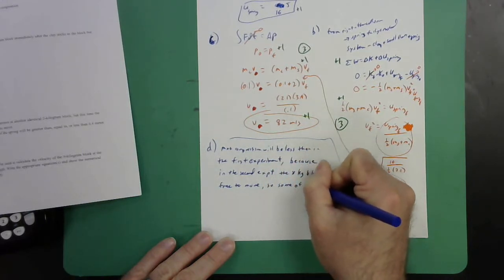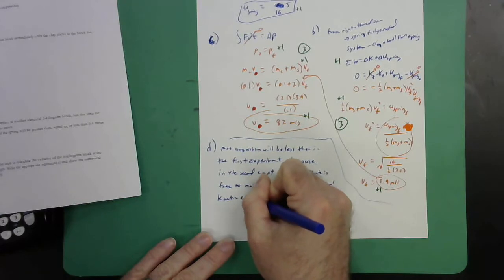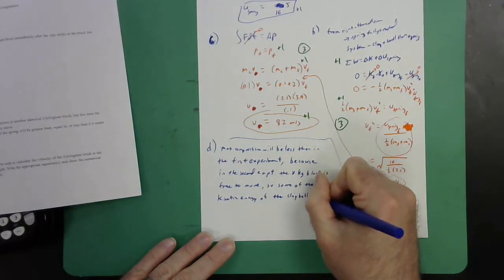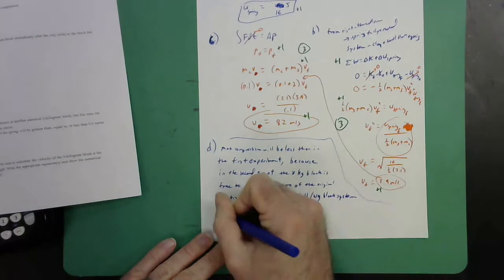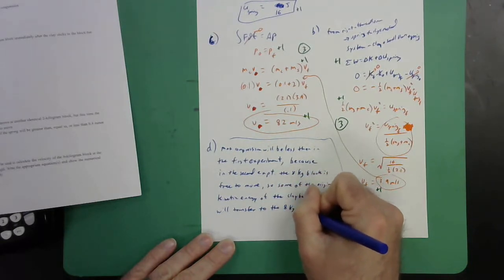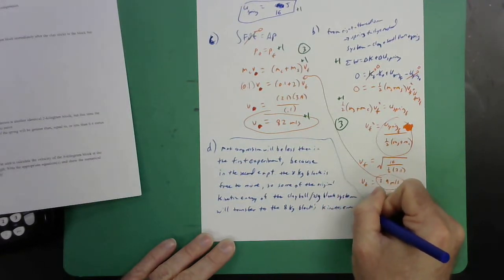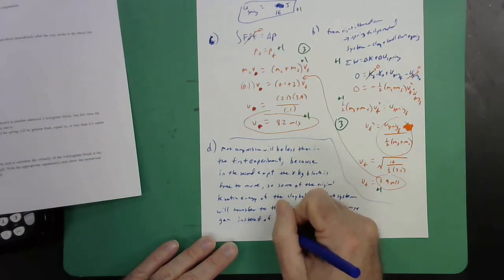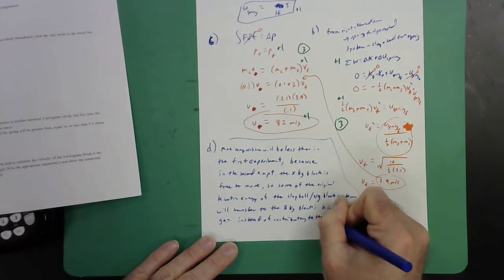So some of the original kinetic energy of the clay ball and 2-kilogram block system will transfer to the 8-kilogram block as kinetic energy gain, instead of contributing to the energy in the spring.